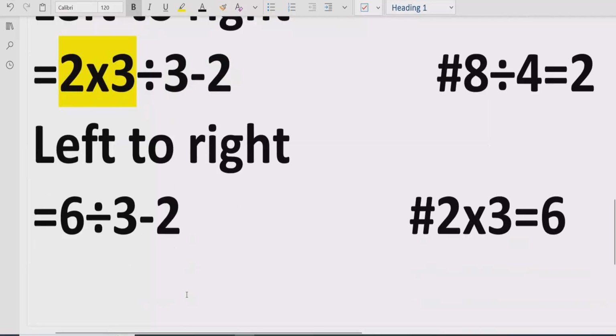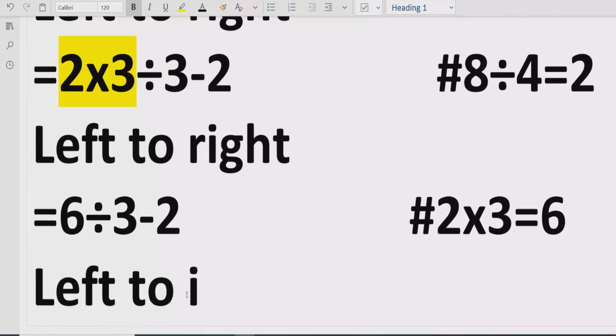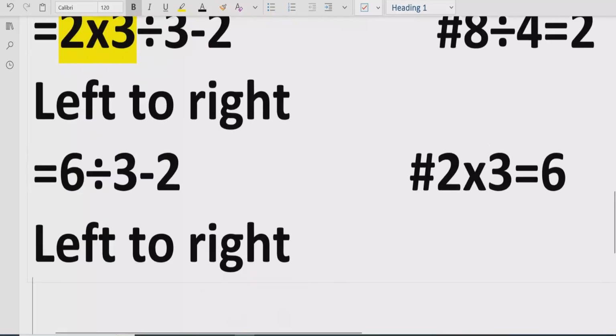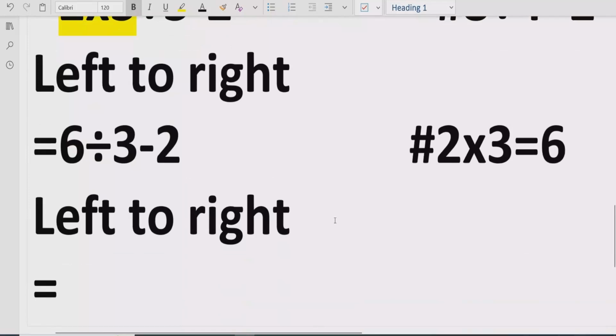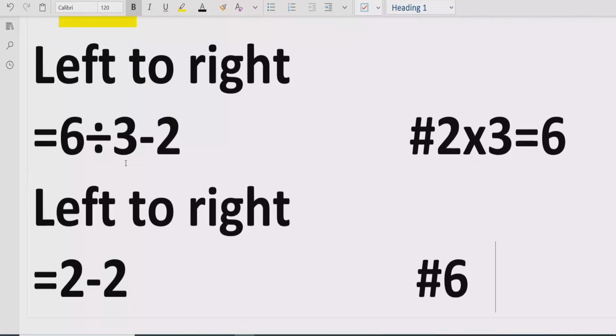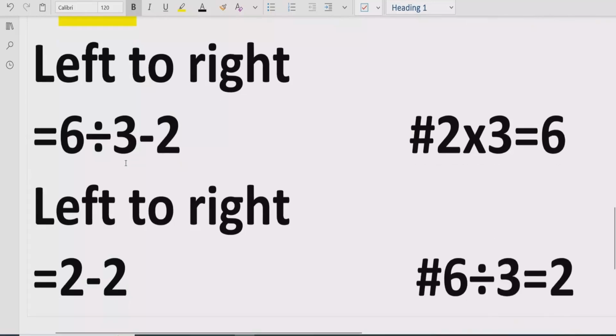Now move forward. We have to go left to right until we have solved all division and multiplication. Here we have 6 divided by 3 which equals 2, minus 2. We will write it here as it is. And here, 6 divided by 3 equals 2.